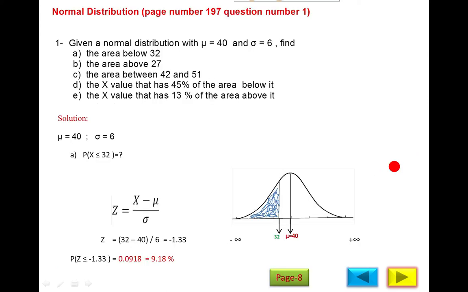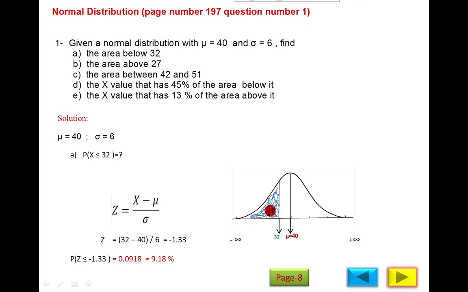Okay, so 0.09176 is approximately equal to 0.09. So this is the probability of below 32. So you can say the probability below 32 is 0.09, or the area below 32 in probability is 0.09, or you can say the probability of below 32 values will be 0.09, or you can say the area below 32 is only 9.18%.